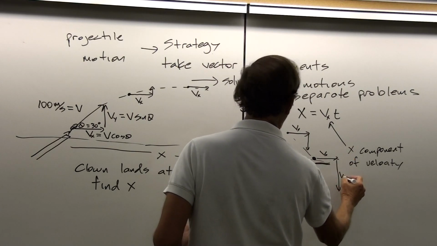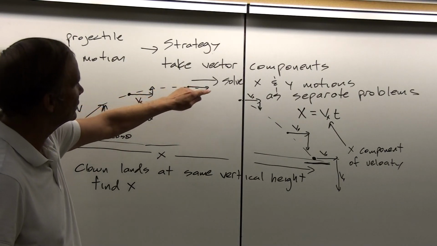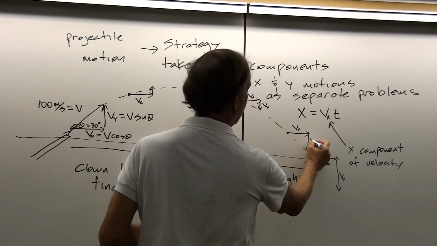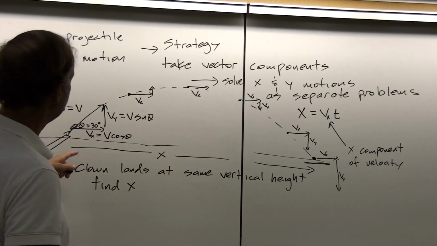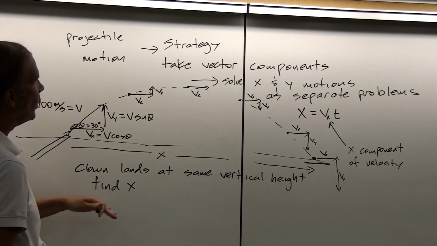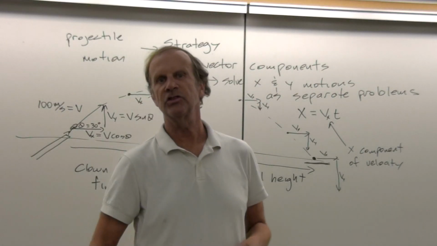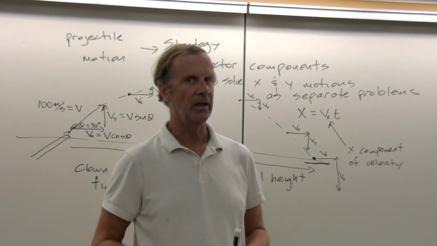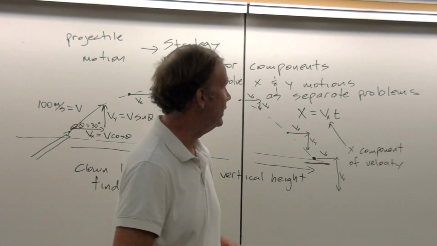And then Vy is the part that starts out positive, then shrinks to 0, and then it's the Vy that starts to pick up as a larger and larger negative value on the way back down. Okay, so the y component of the velocity is very much like an object which is just thrown upward with an initial velocity and then moves in a one-dimensional path with constant acceleration.